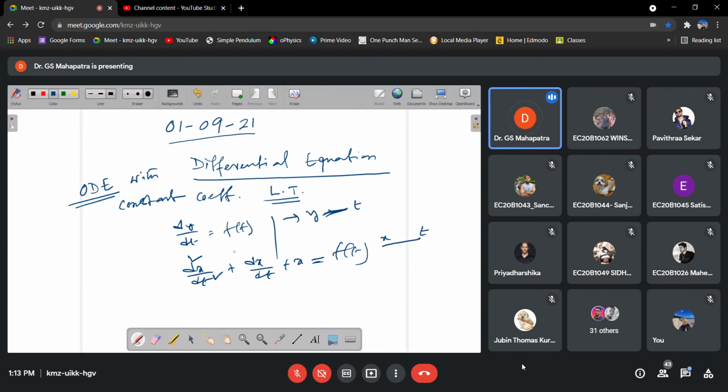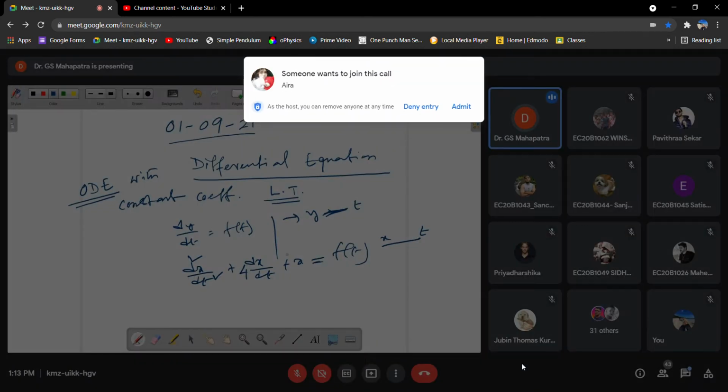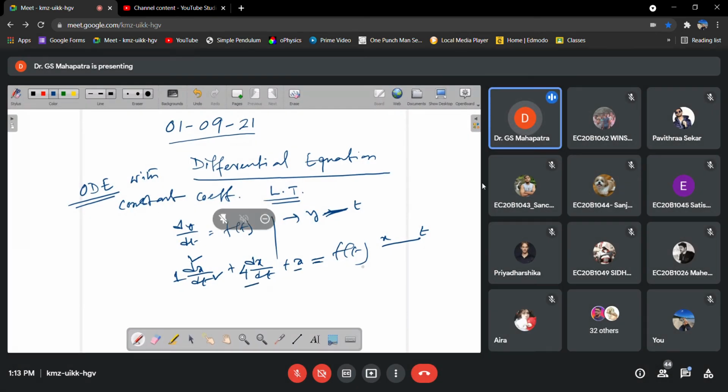All the coefficients of the differential operators, that is 1, 4, 1, and 50, are constant.